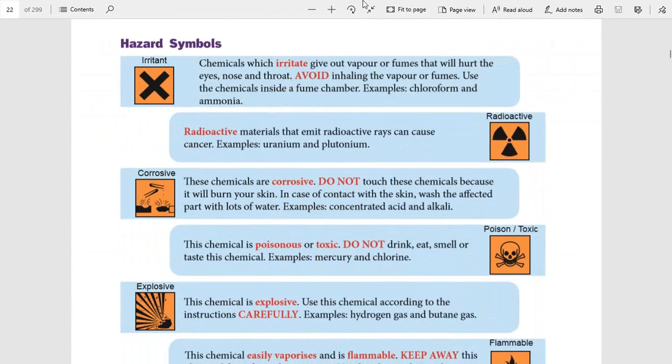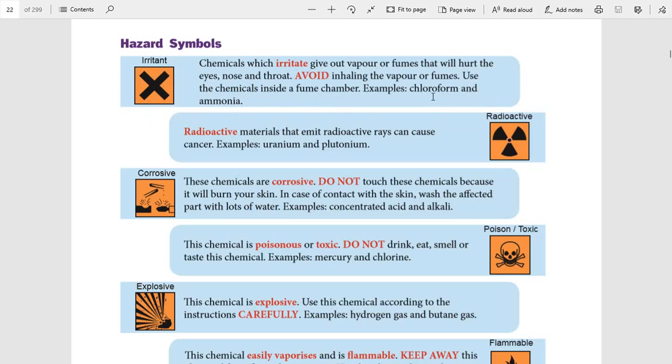Look at the symbol: irritant. This irritant means the chemical gives off vapor that will hurt eyes, nose, and throat. So when you use this irritant chemical, avoid inhaling.